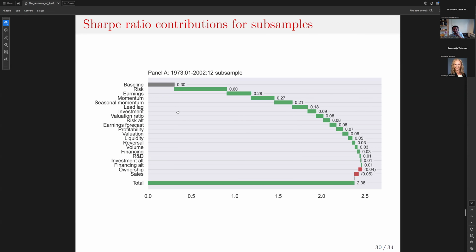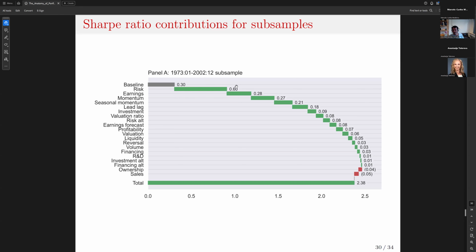And again, if we look at the two subsamples, we're looking at the Sharpe ratio. Notice that in contrast to the prior figure where I was showing alpha, and the alpha for the market portfolio is 0, here we're comparing the Sharpe ratio on the first subsample, and the Sharpe ratio for the market is obviously positive, right? It was 0.3 in this case. The largest marginal contribution of a predictor is again risk, with a very large positive contribution in this first subsample of 0.6.